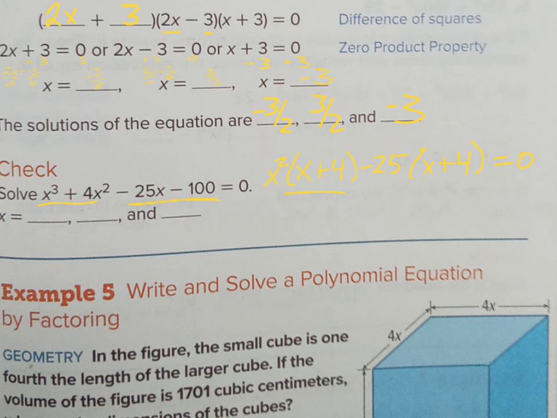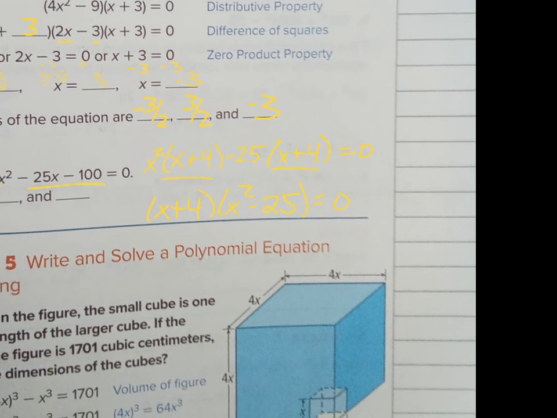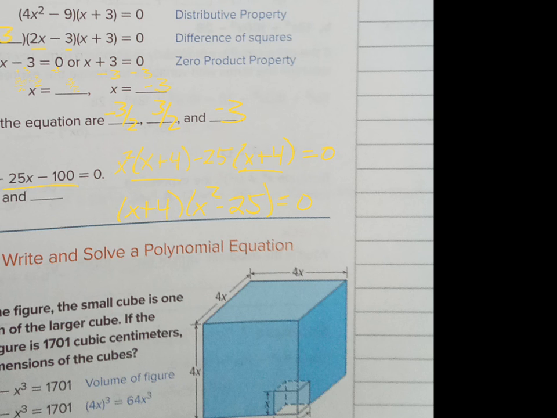Now I have a greatest common factor in each of these terms of an x plus 4. I'm left with an x squared minus 25. This one is done. This one we can actually factor again because it's a difference of squares.